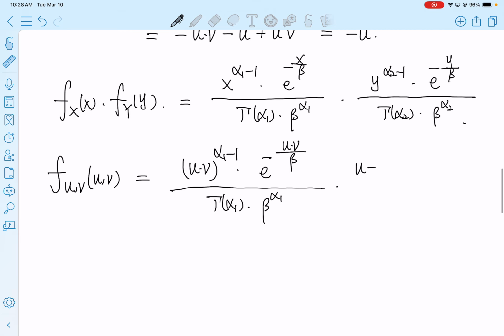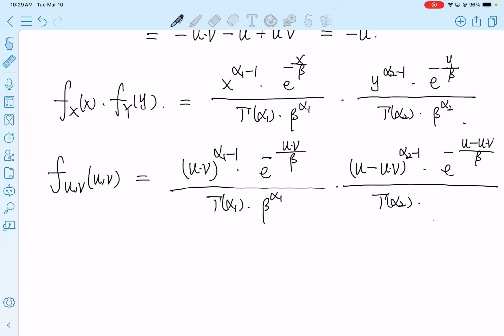Let me just rewrite that as u minus u multiplied by v, raised to the power alpha 2 minus 1, e raised to the power of, now we see another y replaced by the inverse function, so u minus u times v, divided by beta, divided by the gamma of alpha 2 times beta raised to the power of alpha 2. Any question up to this point?